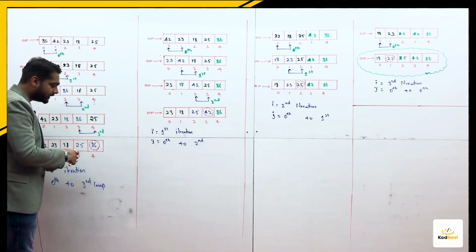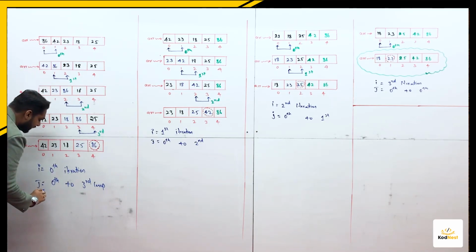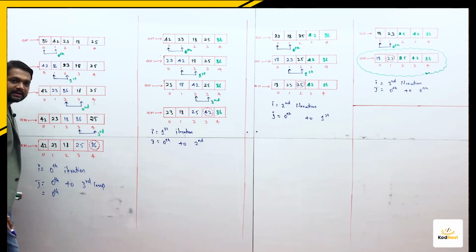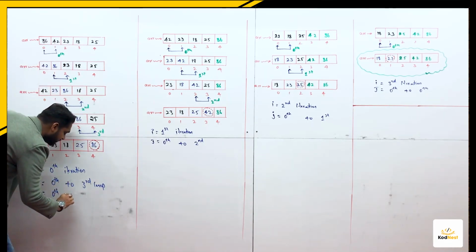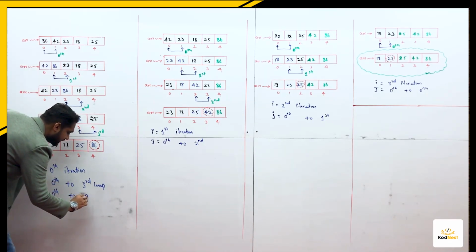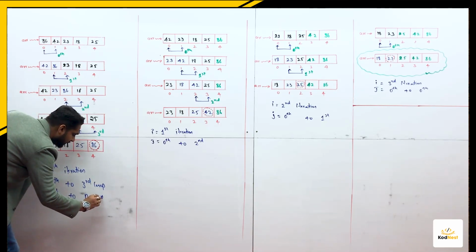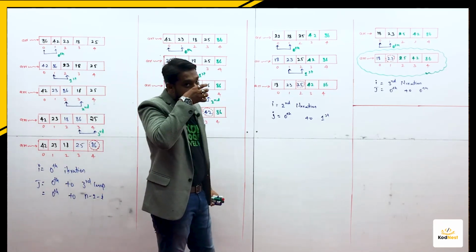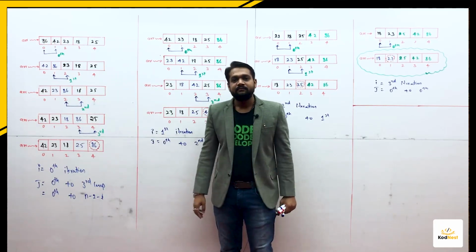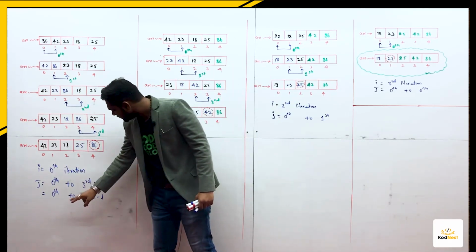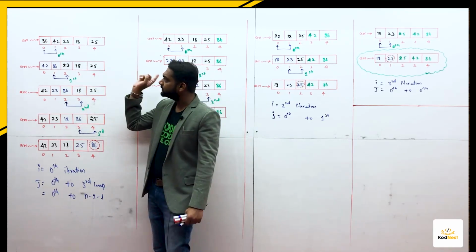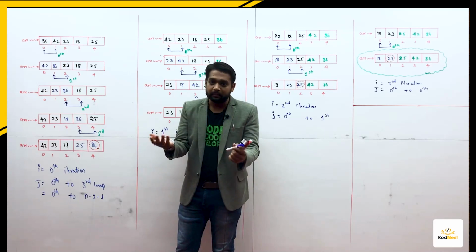If you look at it that way, actually speaking, from the 0th comparison, I am doing n minus 2 minus i comparisons. What is n? n means the number of elements.